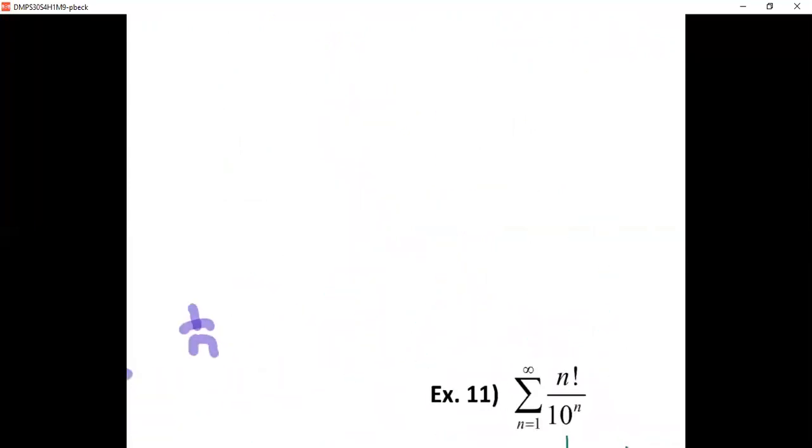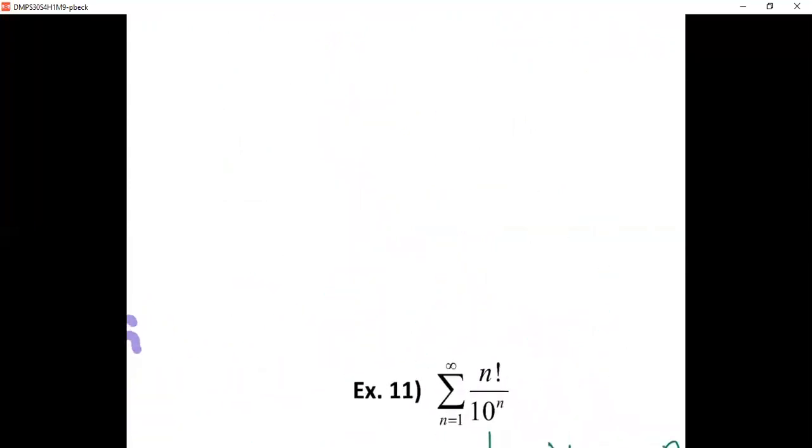Onward and upward, guys. Example number 11. I see this one, and my initial thought is, what approach should I take? This goes back to comparing factorials to an exponential. In that comparison, I know that the most efficient way to show this is going to be through the ratio test. Getting a sense for what's going on, which one grows faster, a factorial or an exponential?